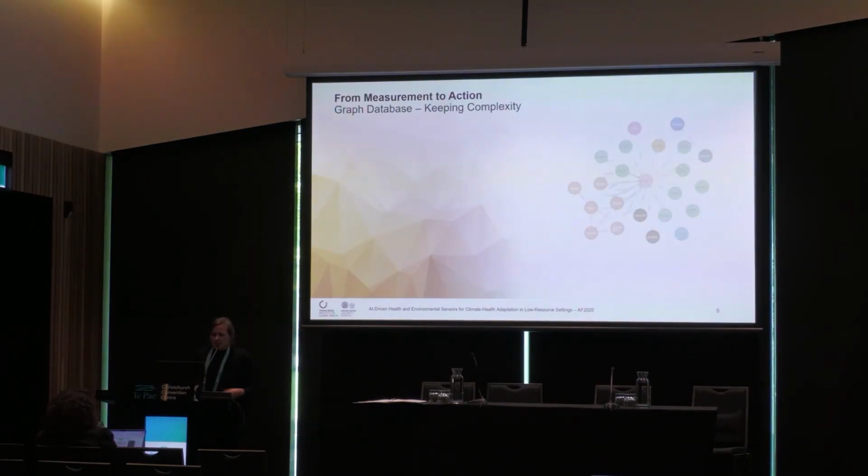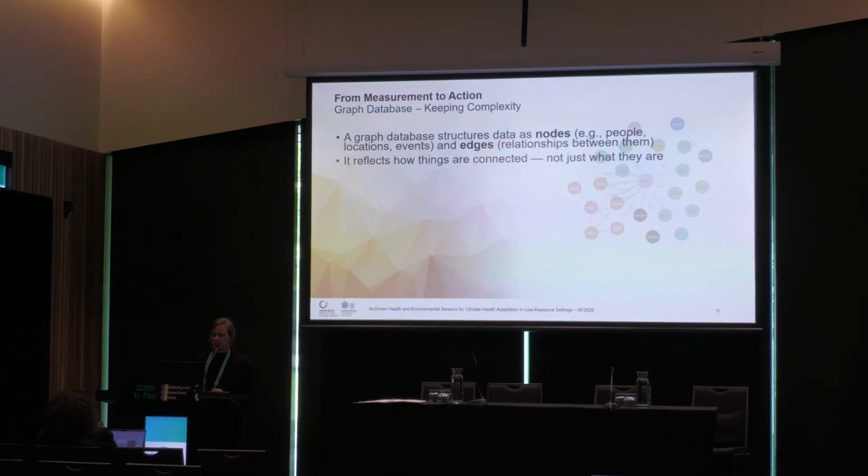Just a little bit more on the graph database, since this is a session on AI. So a graph database structures data as nodes and edges. Nodes, for example, you can imagine like a person, maybe yourself, who has the relationship daughter or son to your mother. So the edge would be this relationship of daughter or son.